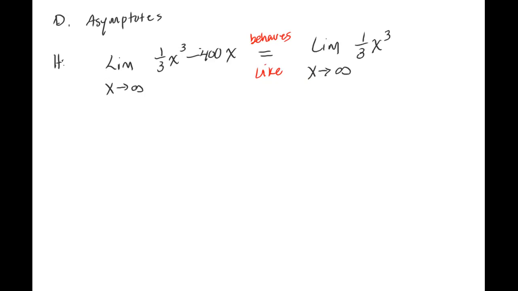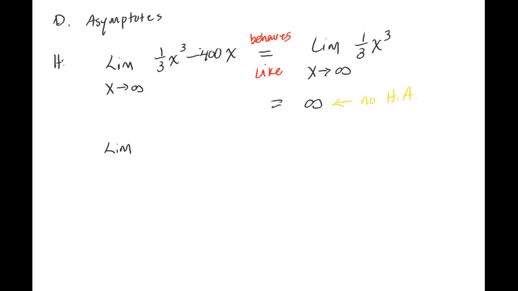The degree is odd, and the leading coefficient is positive. That means this is equal to positive infinity. So there is no horizontal asymptote from this. No horizontal asymptote, at least as x approaches infinity to the right.